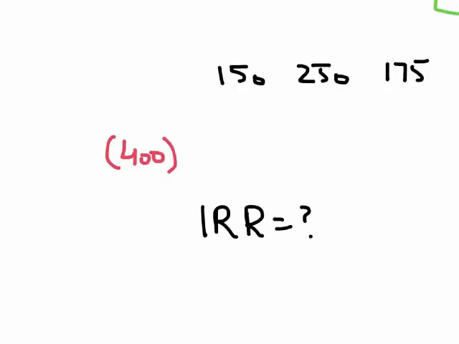Now type in the numbers as input and calculate IRR. The negative 400 is your cash flow at time 0. So type 400 and then press the positive/negative button to make it negative. That would be your input.